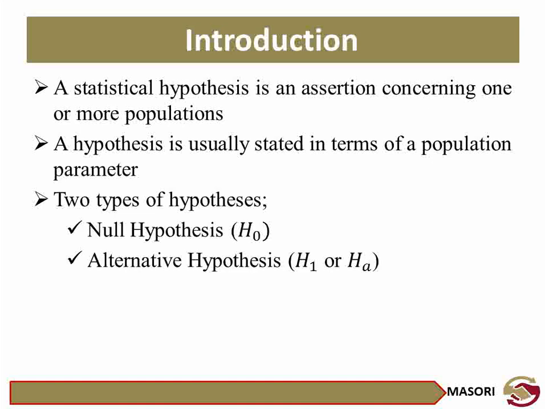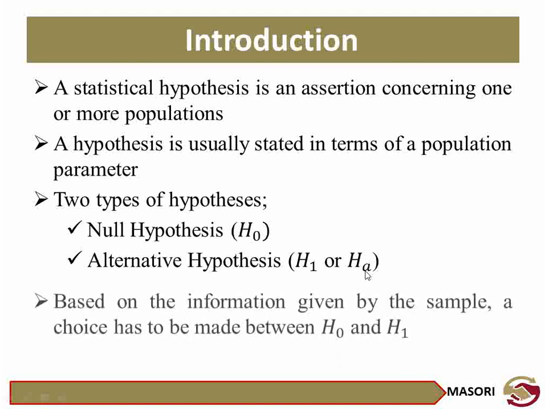In this session, we'll use H1 or HA to denote the alternative hypothesis. In other books or sessions, you may have seen a capital A or J or any letter being used as a subscript. Our main concern here is that the null must have a 0 and the alternative can have any subscript.